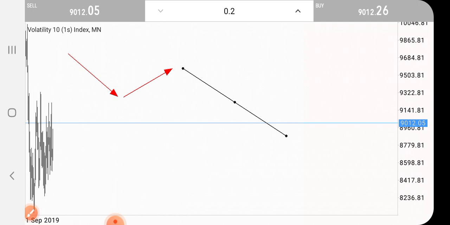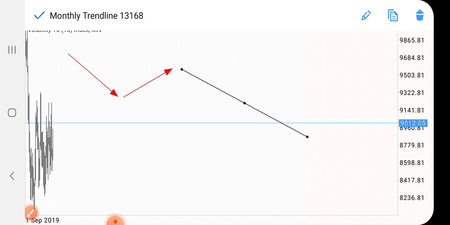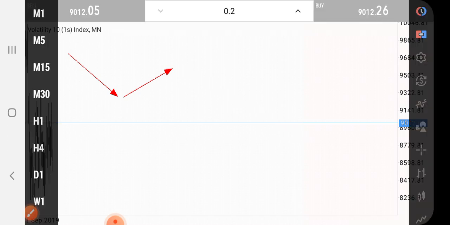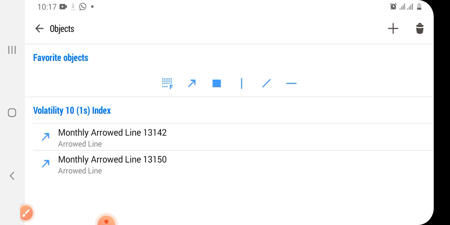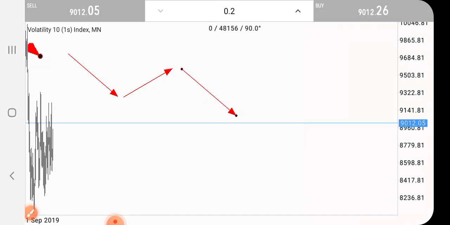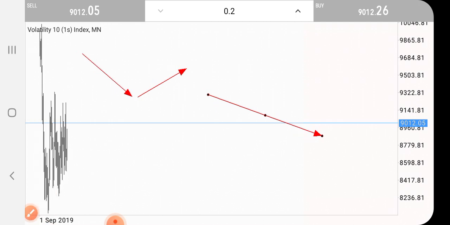Sorry for using a different arrow, trend line. So I'm going to use this arrow. So this is how the market moves.